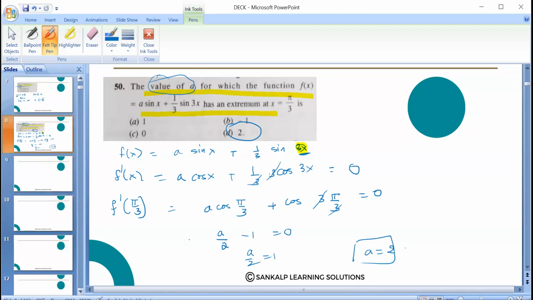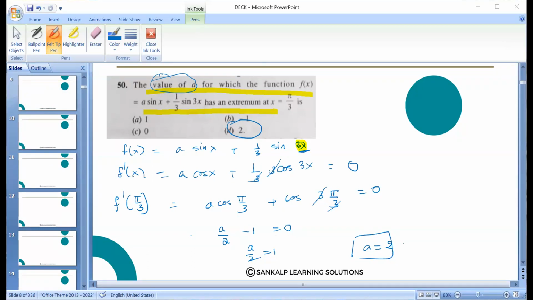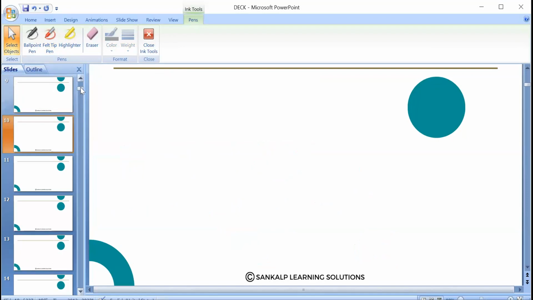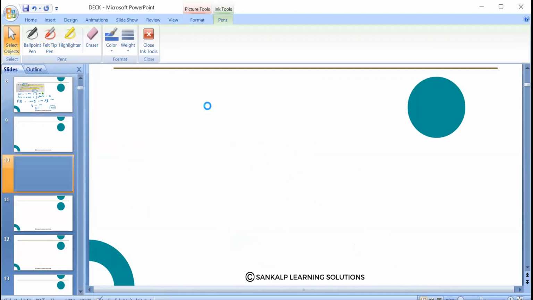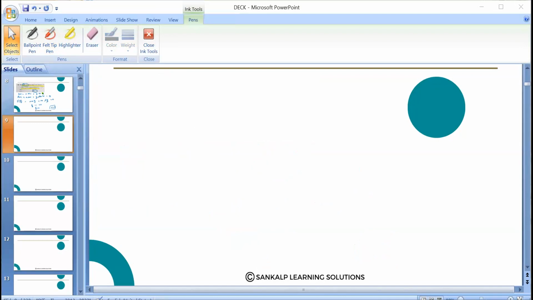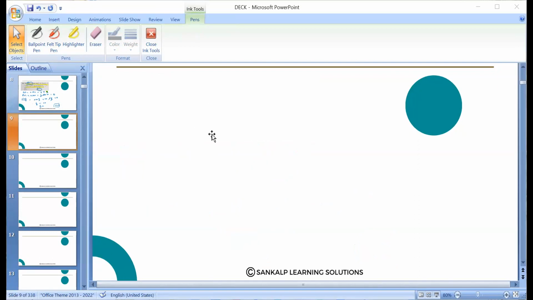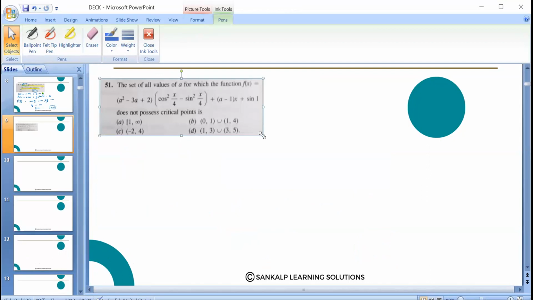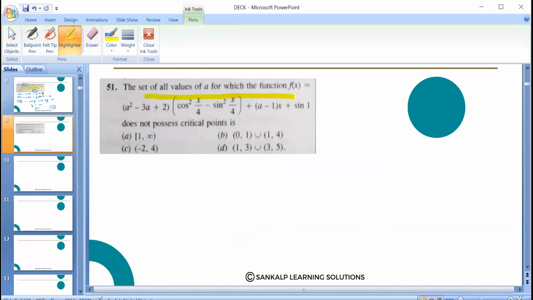Next, we can go to 51. Here is 51. The set of all values of a for which the function f of x, a square minus 3a plus 2 into cos square x by 4 minus sin square x by 4 plus a minus 1 into x plus sine 1, does not possess critical points.